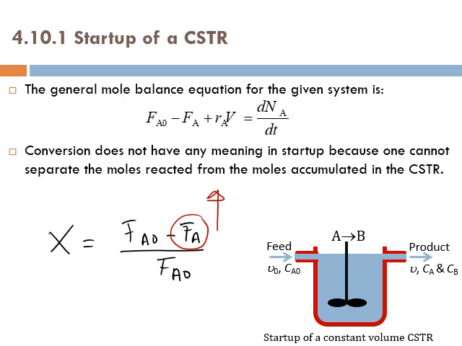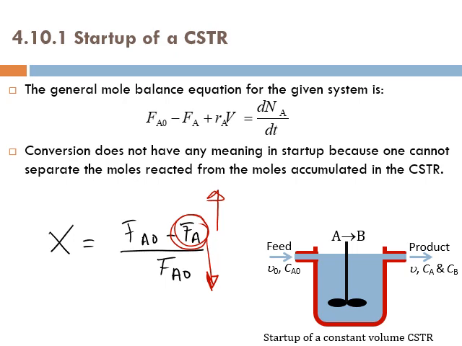However, I do have reaction. Because the reaction takes place, the concentration of A should be less than expected. So if the concentration is less, that means FA should be less. Do you see now?